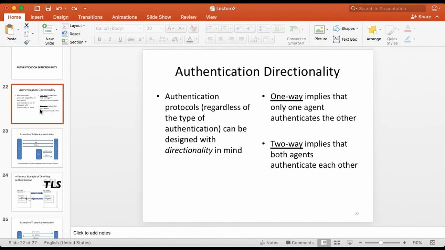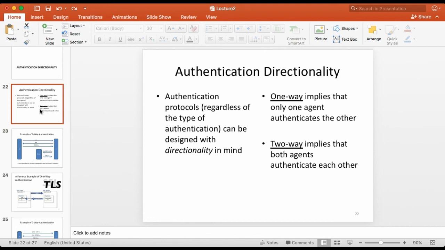So we didn't say that Alice was sure about Bob's identity. That's very important because it gives us this concept of the directionality of authentication: if you establish authentication in one direction, that doesn't imply that it is true for the other way around.